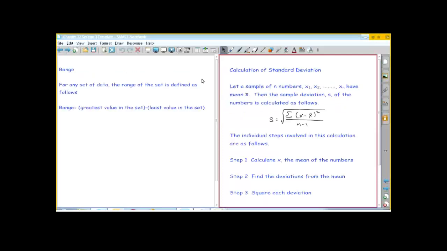The second way is calculating the standard deviation. Basically what the standard deviation is, it's looking at how the numbers are distributed away from the mean, the mean being the central tendency. So how far are the data points away from the central point? We're not interested in whether it's negative, we don't care which side it's on.